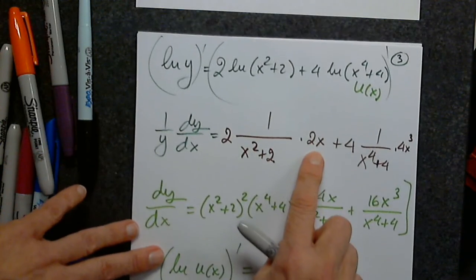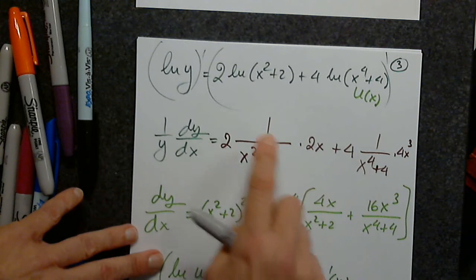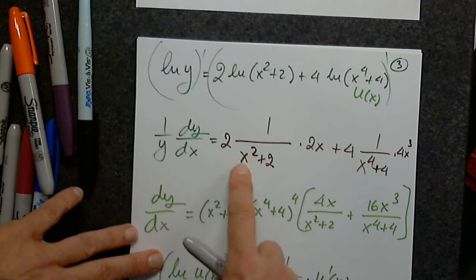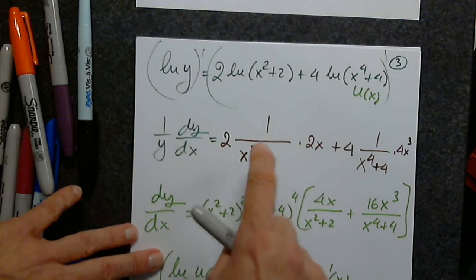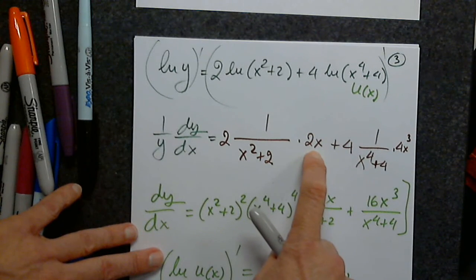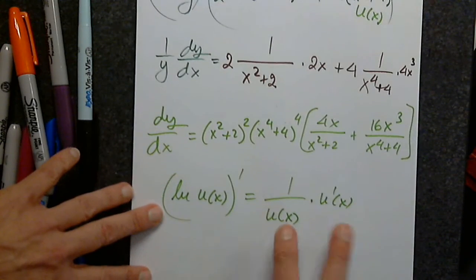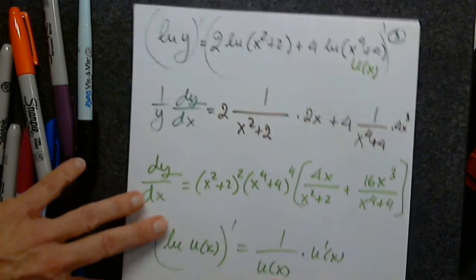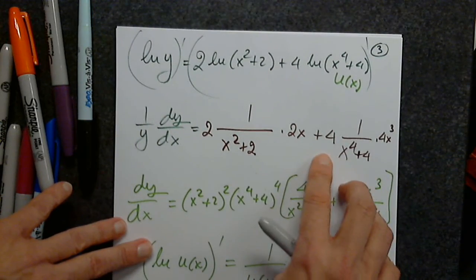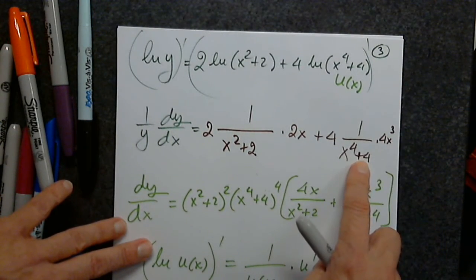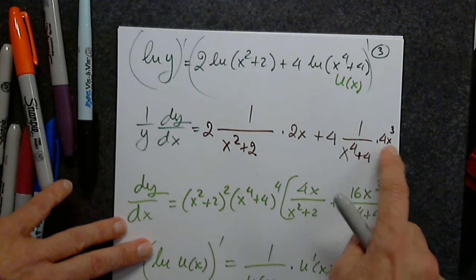And that's exactly what we did here. So the 2 is outside, 1 over x squared plus 2 times the inner function prime, which is 2x. And the same thing here, I keep 4 outside, 1 over this, times the inner function prime, which is 4x cubed.